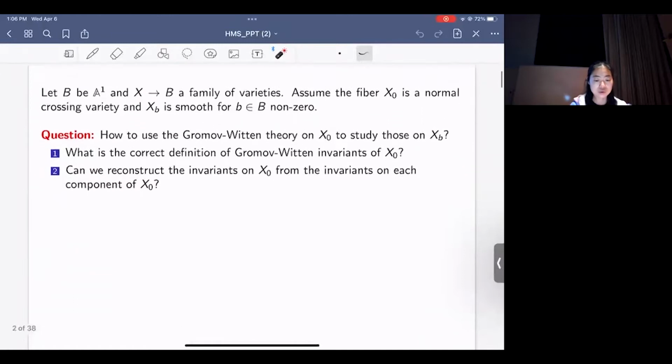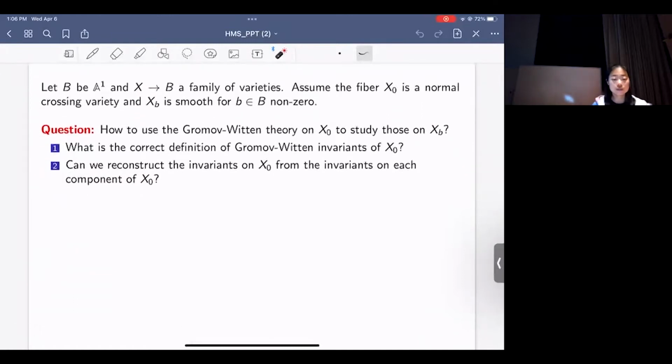So suppose we have a curve like A1 and we have a family of varieties, and assume that the general fiber of this family is smooth and the central fiber is a normal crossing variety.